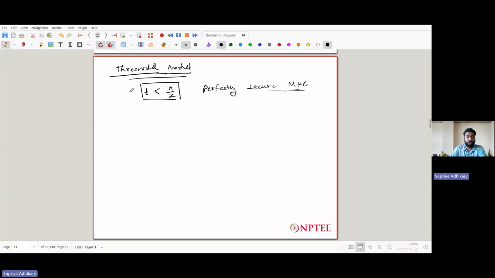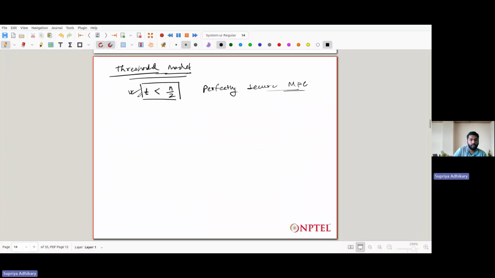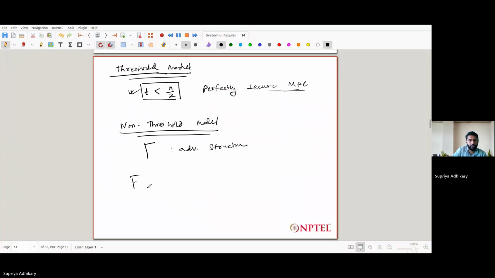So this was a necessary condition for perfectly secure MPC. But on the other hand, in the non-threshold model, we have the adversary structure gamma, and gamma must satisfy the Q2 condition.